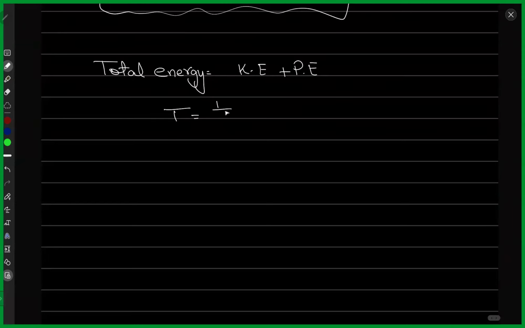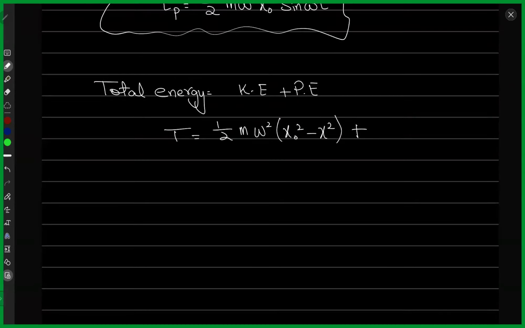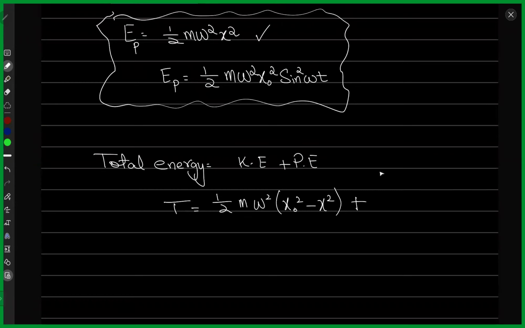So half m omega squared times x naught squared minus x squared, plus the potential energy, which is half m omega squared x squared.